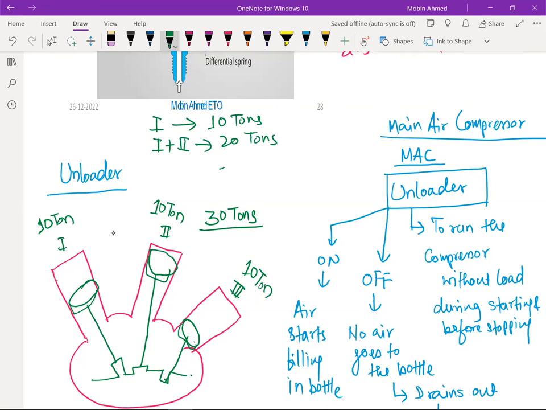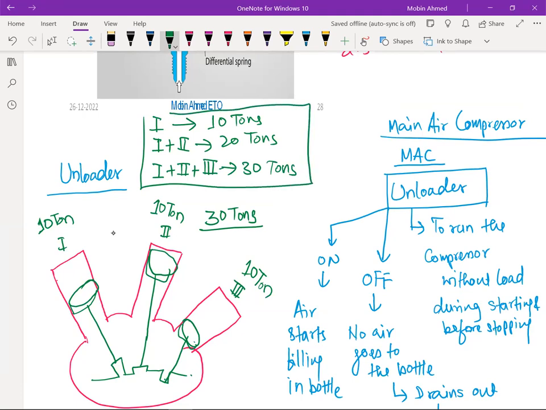Now we are almost in the summer region and further cooling is required, so all three stages are on, and it provides 30 tons of cooling. So this is how we can do capacity control.